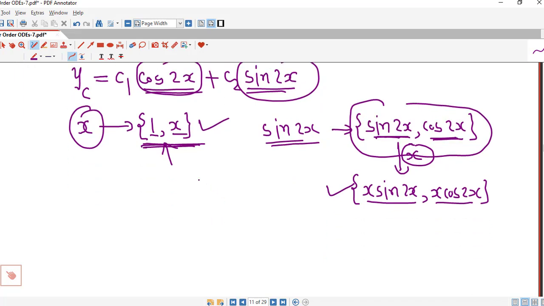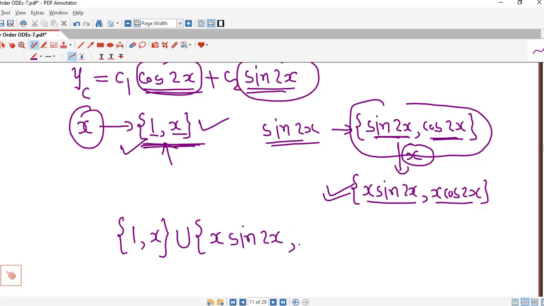Okay, fine. So now this is the family corresponding to function x, and the family corresponding to sin 2x is this modified family. And because two functions are in addition, we are considering the union of these two families.